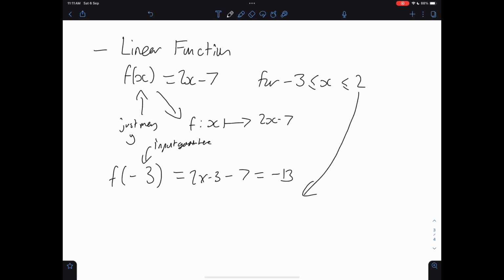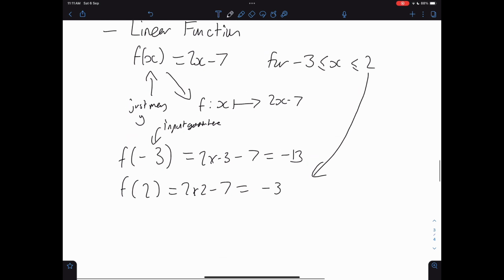And then at 2, f of 2 equals 2 times 2 minus 7. That's 4 minus 7, which is minus 3. So we would say that the range is minus 13, and preserve these signs, up to f of x ≤ -3.